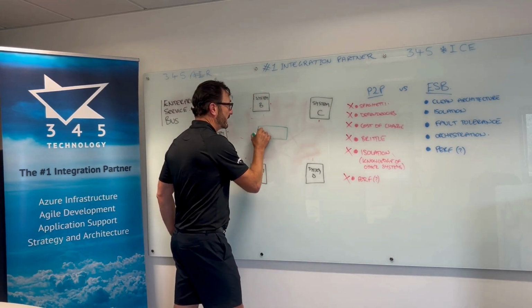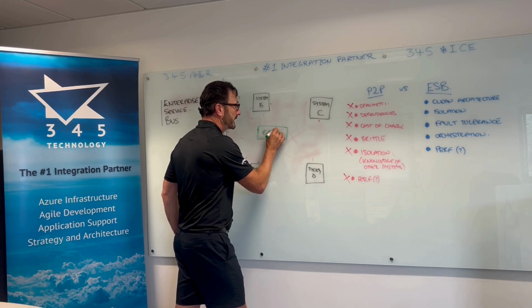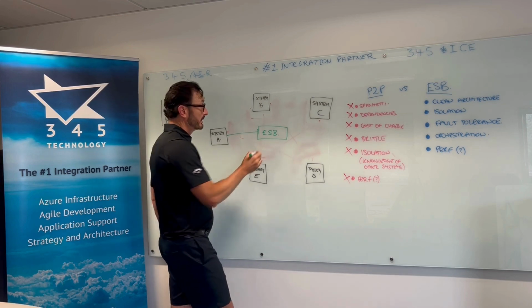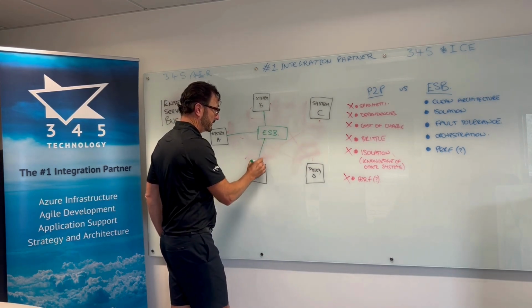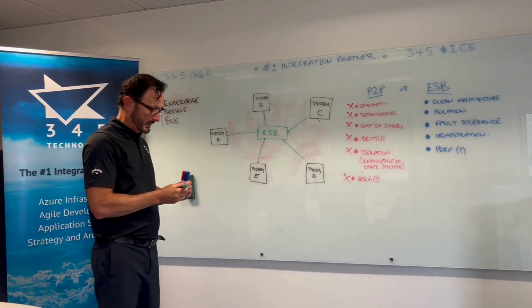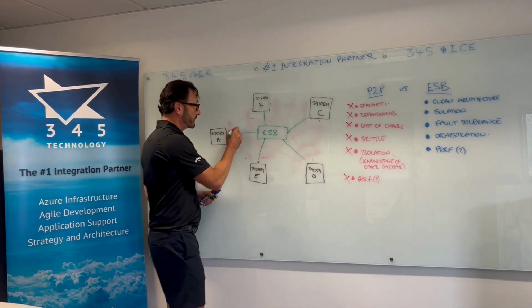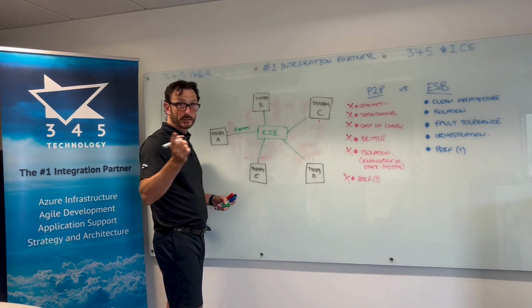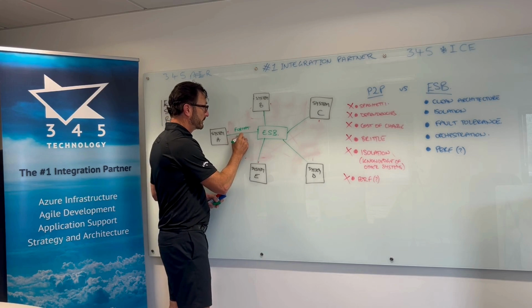So in the middle of here, we put in an ESB. And that means that system A can talk to the ESB, system B, system C, D, and E, and every other system you've got. Now each of these has its own data format or schema and protocol.